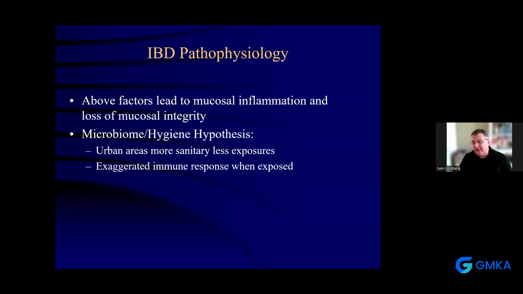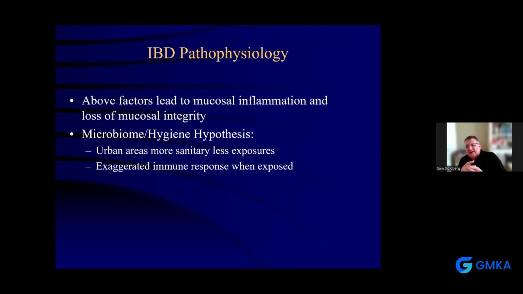So you really have five things. You have confluent spread versus skip areas. You have full thickness inflammation. You have involvement of the small intestine or the upper GI tract. You have perianal disease.